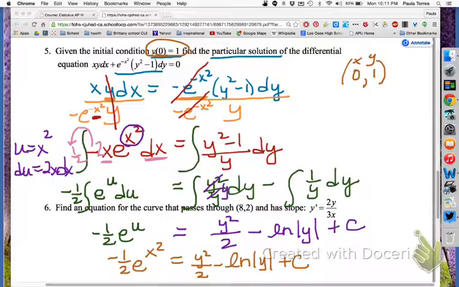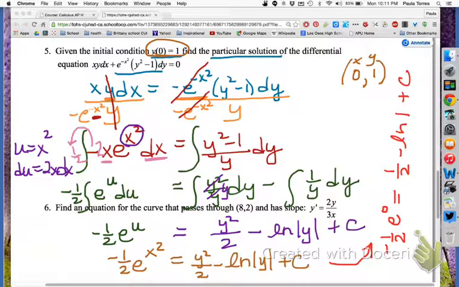So now if I plug in 0 for x, going to have to turn your head sideways. It's going to be negative 1/2 e to the 0. Of course, that's 1. And I'm plugging in 1 for the y, so I'll have 1/2 minus natural log of 1 plus c.